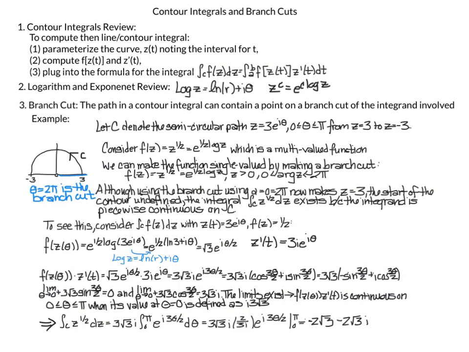To review what we've gone through, we looked at the formula for the contour integral. We looked at the formula that defines the logarithm of a complex number z and the formula that defines the exponent of a complex number z. And then we looked at contour integrals that contain a point on the branch cut, so that will not be defined of the integrand.